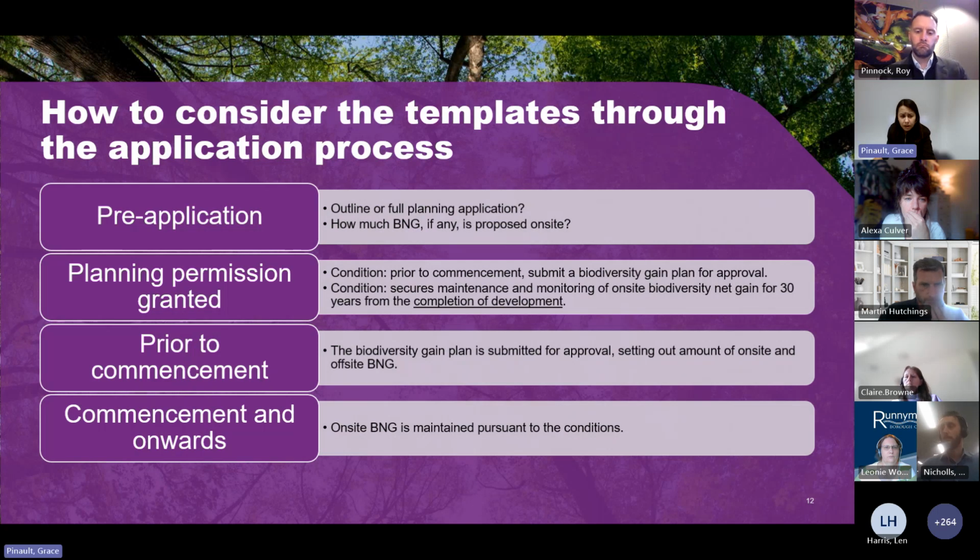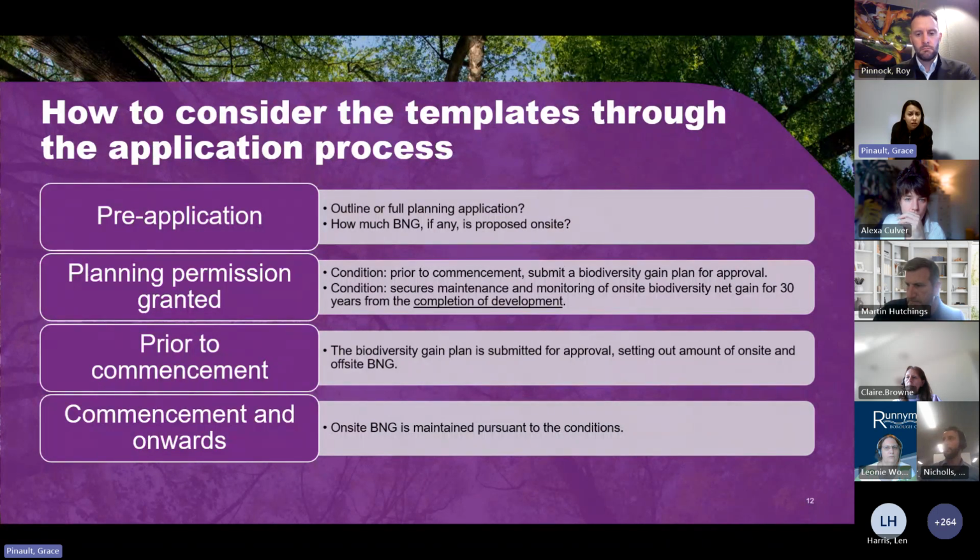At the planning permission stage, I've touched on this, but that statutory condition isn't going to appear on decision notices, and it doesn't secure the maintenance and monitoring. So our template sets out a starting point and an example for how it will secure the maintenance and monitoring of the on-site biodiversity for 30 years. It's worth flagging that the 30 years runs from completion of development.